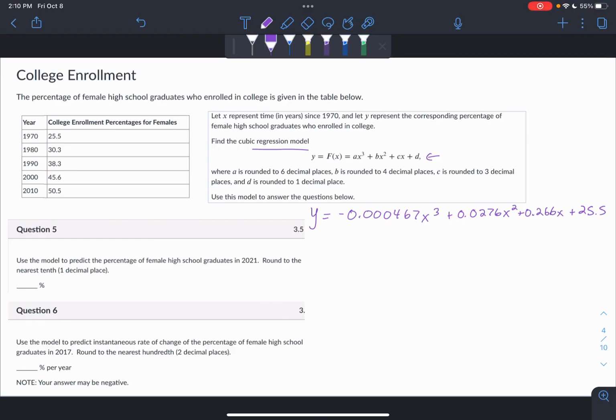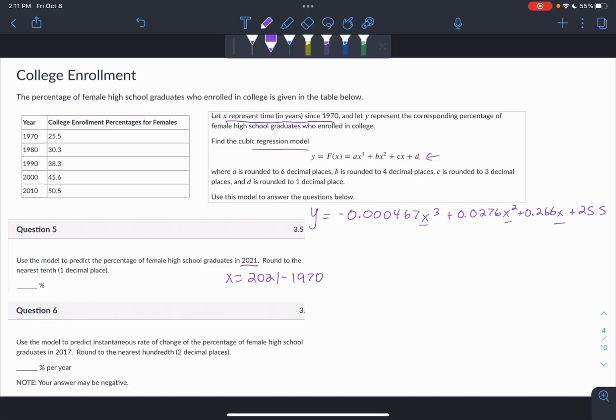So we want to use the model to predict the percentage of female high school graduates in 2021. So our model is a function of x, right? So x is our time in years since 1970. So I need to bring it to the same scale by subtracting 1970.